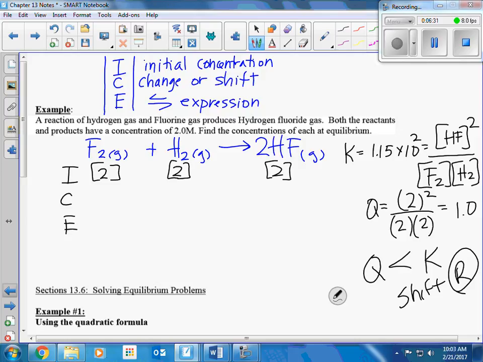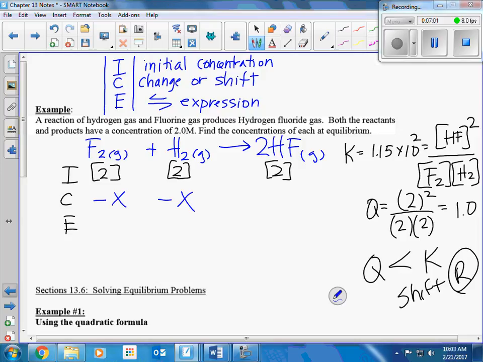Okay? All right, so what does that mean? So if I'm going to shift it right, does it make sense to you that F2 and H2 are going to decrease if I'm shifting it right? So I don't know by how much, so I'm just going to say X. So this is going to decrease by X, decrease by X. What's the other side going to increase by? X or 2X? Why is it 2X?